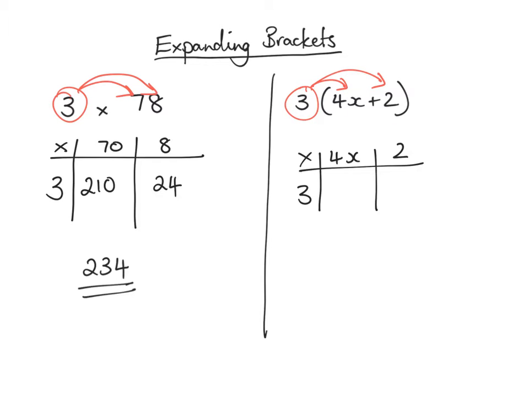So just like I've split the 78 into the 70 and the 8, this bracket, it's got 2 things in it, and then we can split them in kind of the same way. So then I can do 3 times 4x is 12x and 3 times 2 is 6. Now because the 6 is a positive 6, I must be adding it on. And that would be the answer to that one. It is exactly the same method. I'm just doing one with numbers and one with algebra.